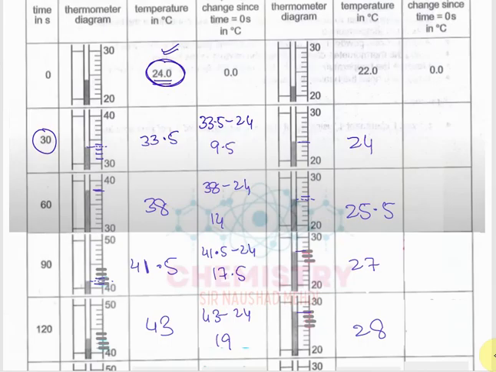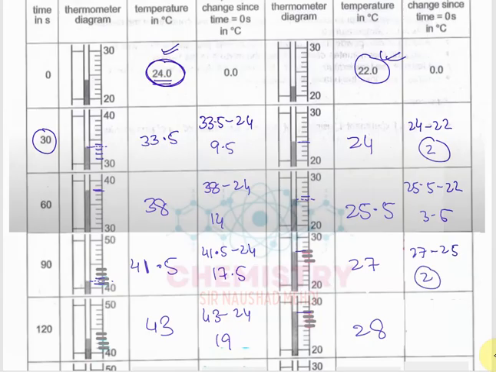Okay, so over here the initial temperature is 22 at time 0. So 24 minus 22 it becomes 2. 25.5 minus 22 is 3.5.